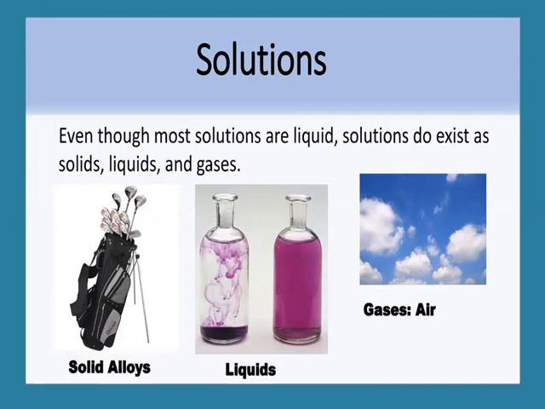An alloy is considered a mixture because it shows the properties of its constituents and can have variable composition. For example, brass is a mixture of approximately 30% zinc and 70% copper.